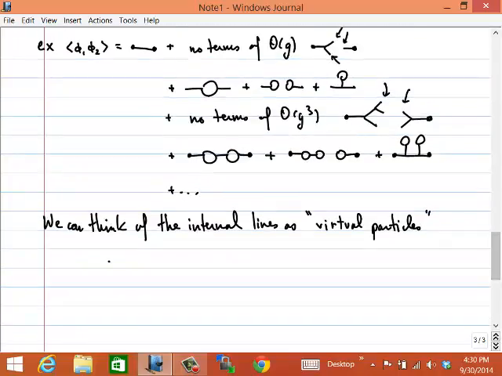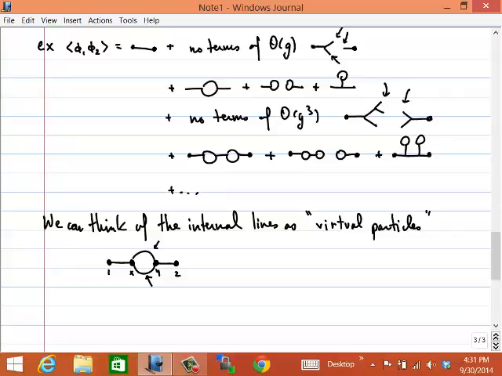So, for example, when we think about this 2-point function, the story that we tell ourselves is that you started by creating a particle at position x1. That particle moved to another position x. It split into 2 particles that traveled along 2 different trajectories and then recombined at point y before finally ending up at position x2.